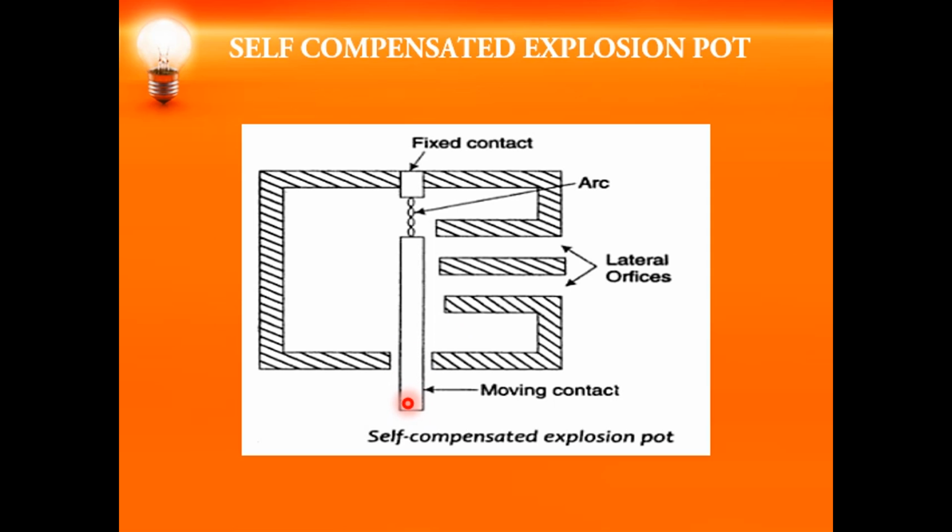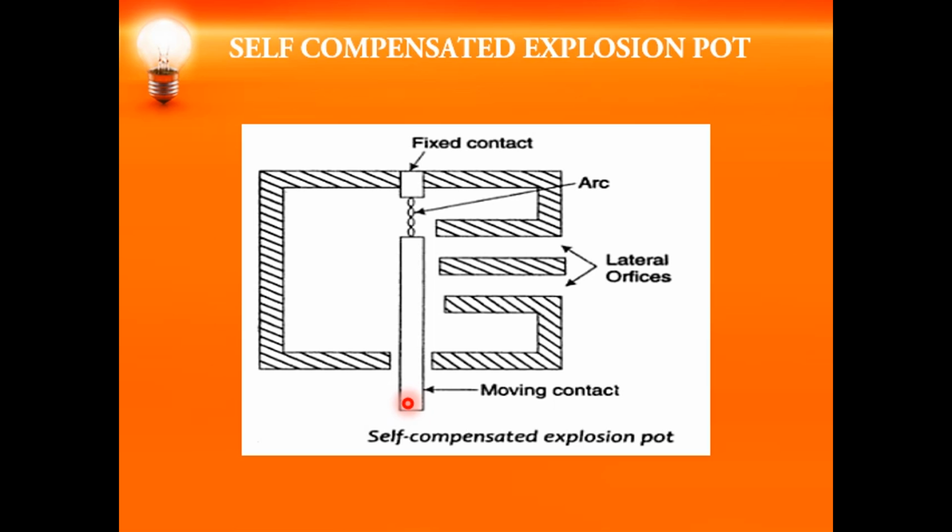So this self-compensated explosion pot is suitable for low as well as high current interruption, because the plain explosion pot is used for low current interruption, whereas high current interruption takes place by the cross-jet explosion.